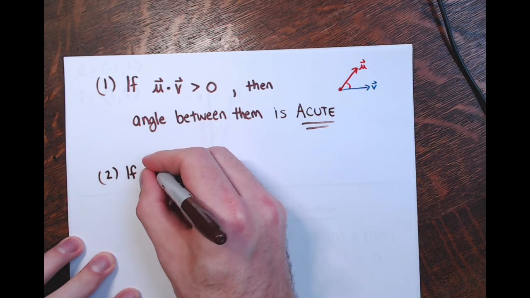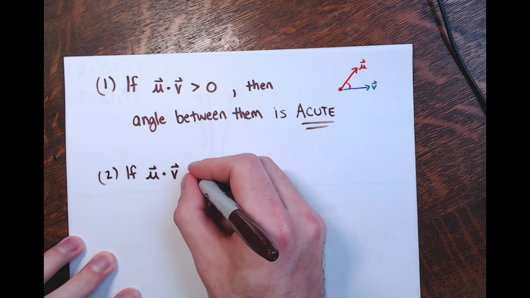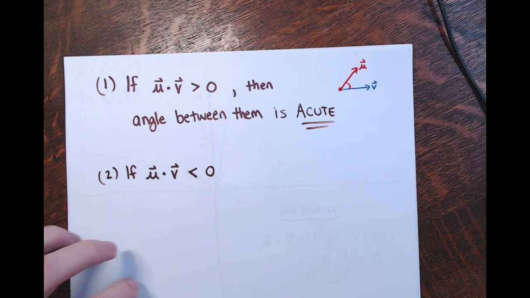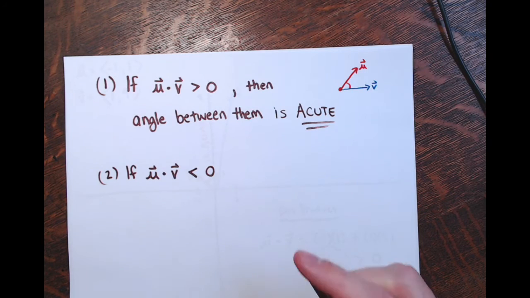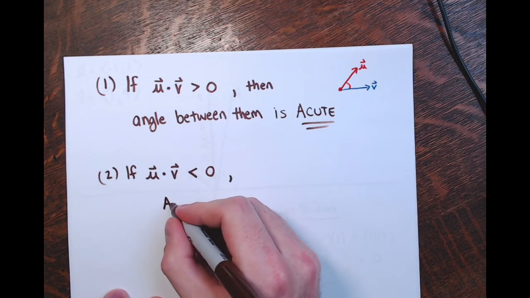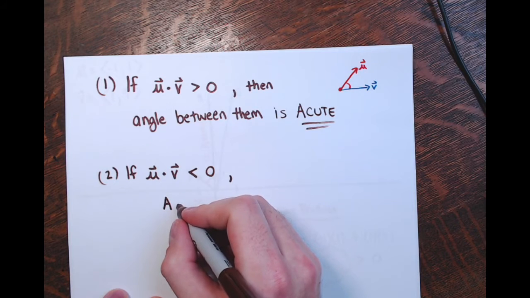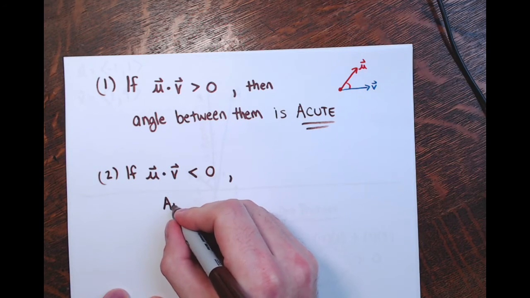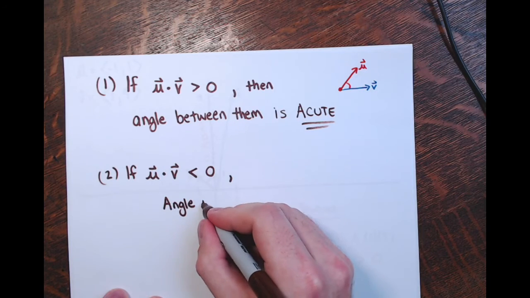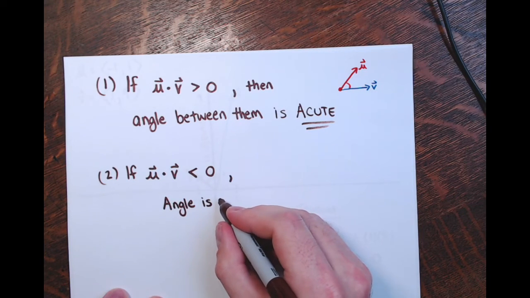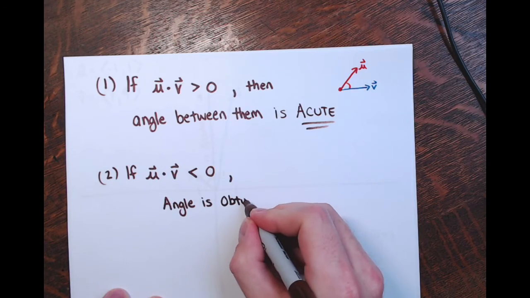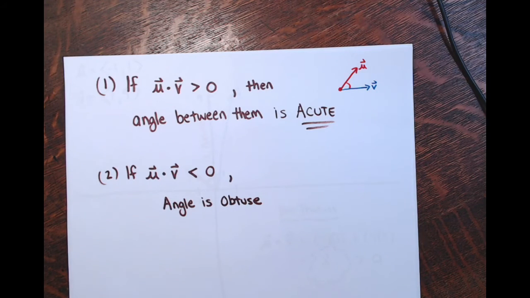If the dot product of two vectors is negative, so say the dot product ends up being -1 or -13 or whatever, then the angle is going to be obtuse. So bigger than 90 but less than 180. And I guess it could also be 180 degrees in this case, but it's going to be greater than 90 degrees for certain.